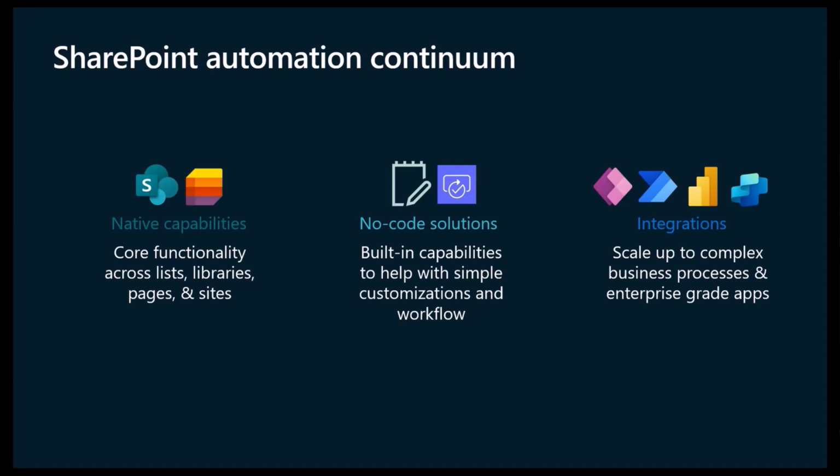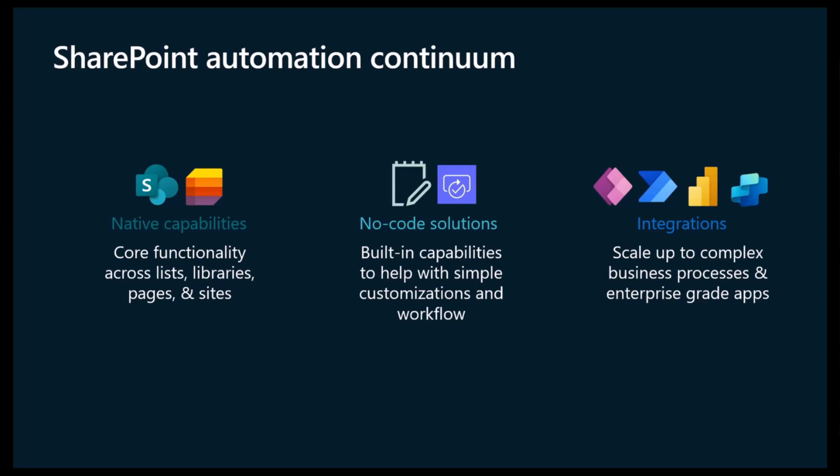And the area I focus on is the no code into low code experience. When we start with no code, we think of things like our rules and approvals, which is what I'll demo shortly here today. Those are the next step on top of those native capabilities, being able to do some simple customizations, get alerts, build workflows, start to tailor to your business processes.